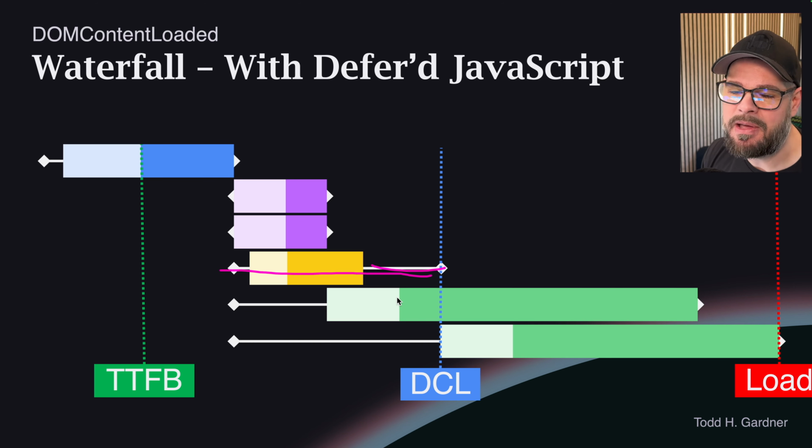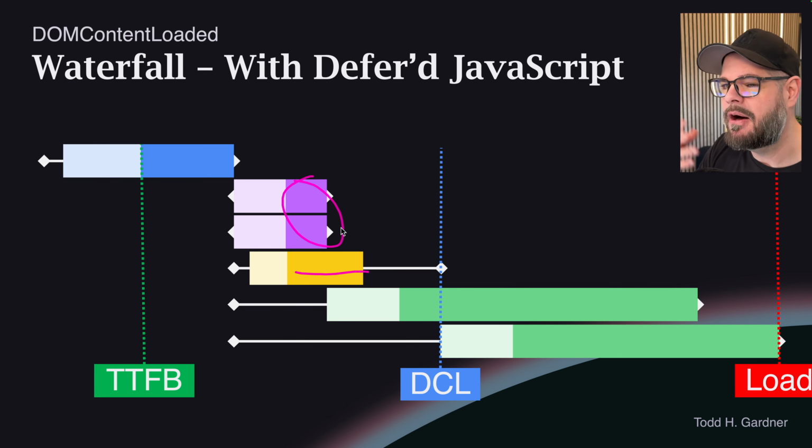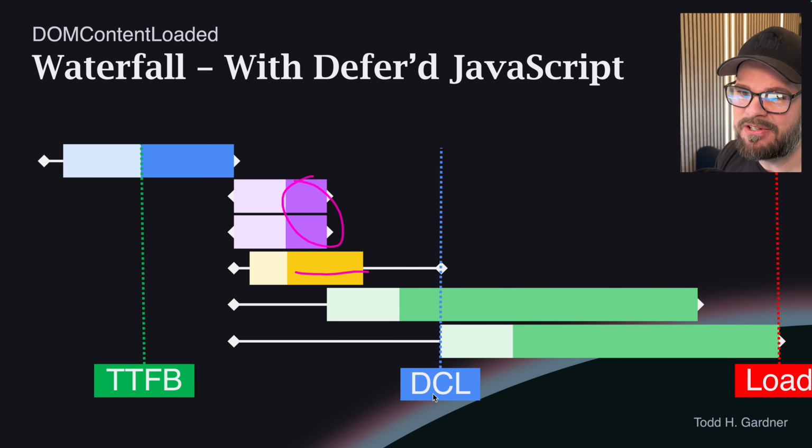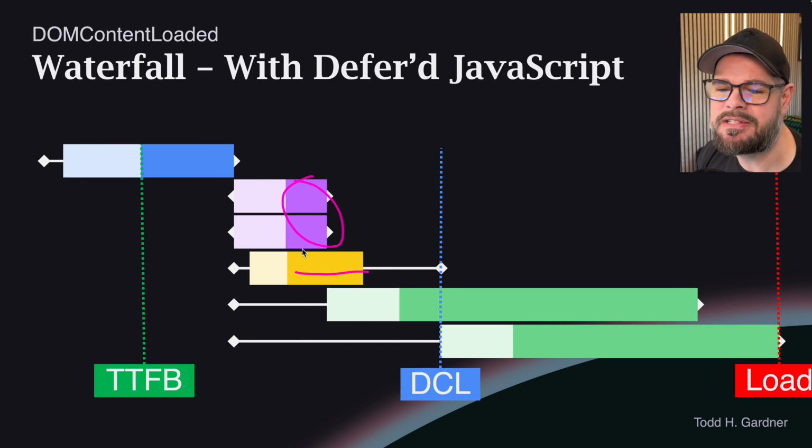Now that changes the behavior quite a bit because JavaScript, especially deferred JavaScript, is going to try and wait for all the style sheets to be done before it executes, because the style sheets can change how things are running. And so if you're running deferred JavaScript, DCL kind of changes its definition a little bit and it becomes bound to not run until after all the style sheets are done.